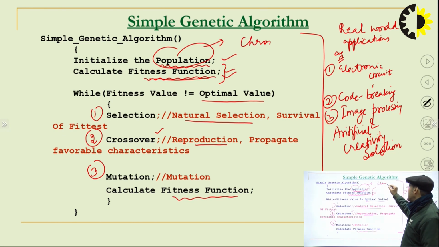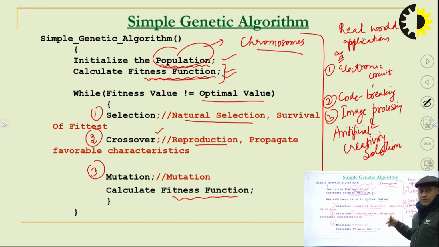Secondly, we can use chromosomes. Okay, I will just brief you what the meaning of these terms is in computer science.